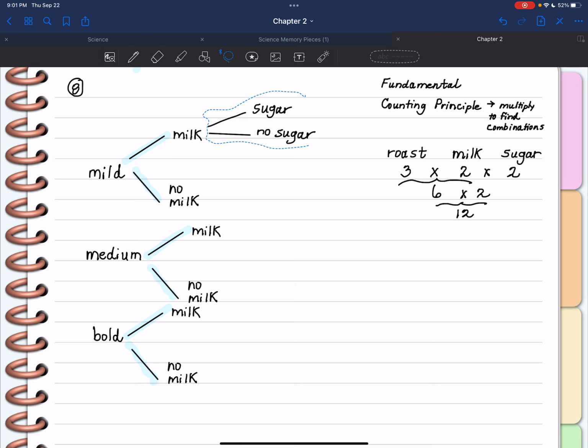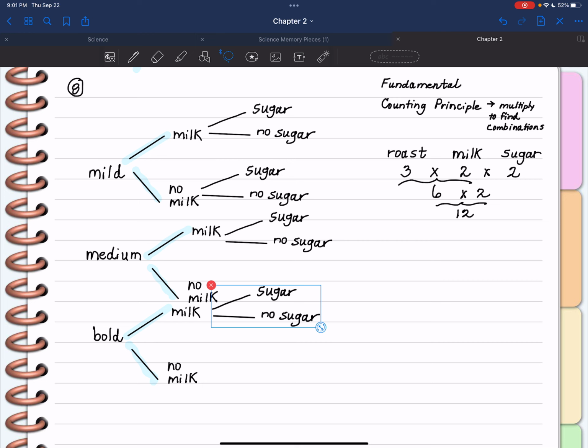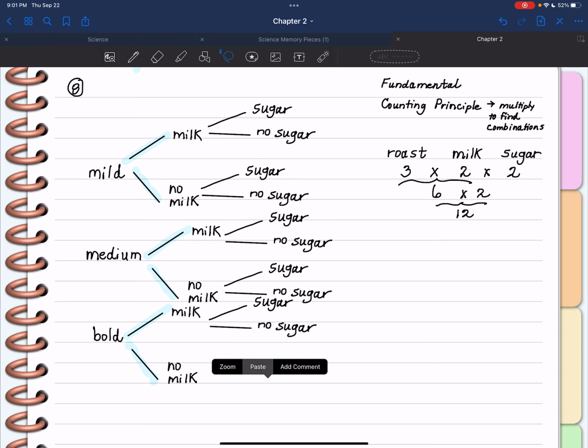And let me just take a quick picture of that and bring that into each of these options. And you can see those 12 branches coming to life.